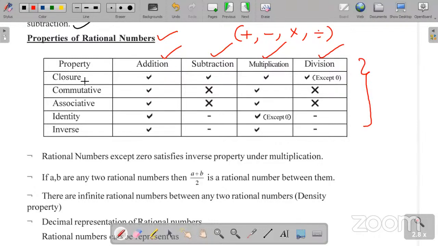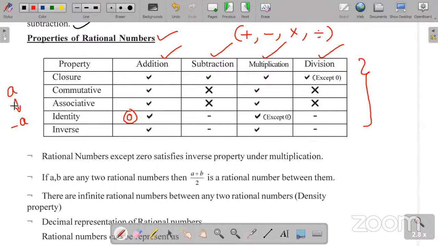So first, closure property, addition. With respect to addition, the closure property is satisfied. The commutative property with respect to addition is satisfied. Associative is satisfied. Identity, yes, we have the 0 there. Identity element. Inverse: for example, if A is a rational number, minus A is its inverse.